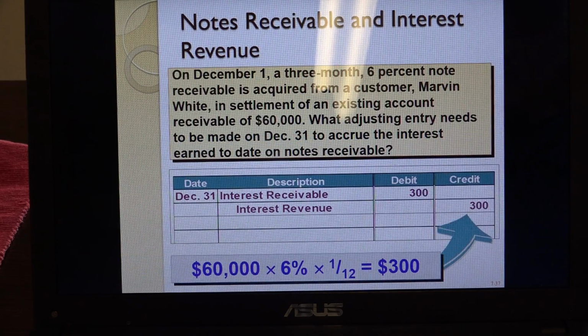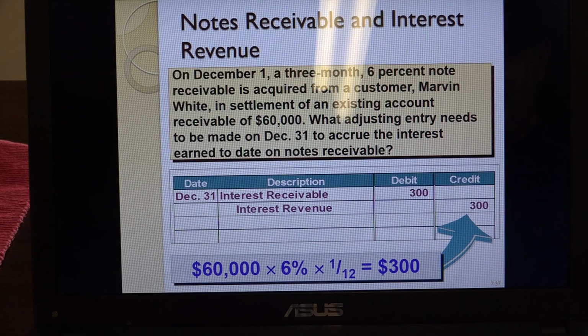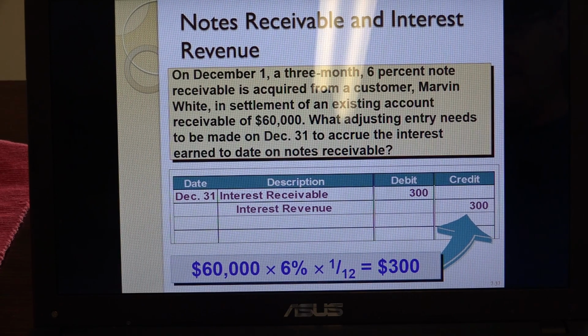So we have an example here. On December 1, a 3-month 6% note receivable is acquired from a customer, Marvin White, in settlement of an existing account receivable, bad idea, of $60,000. What adjusting entry needs to be made on December 31st to accrue the interest earned to date on the notes receivable? So here we have, again, a balloon note.